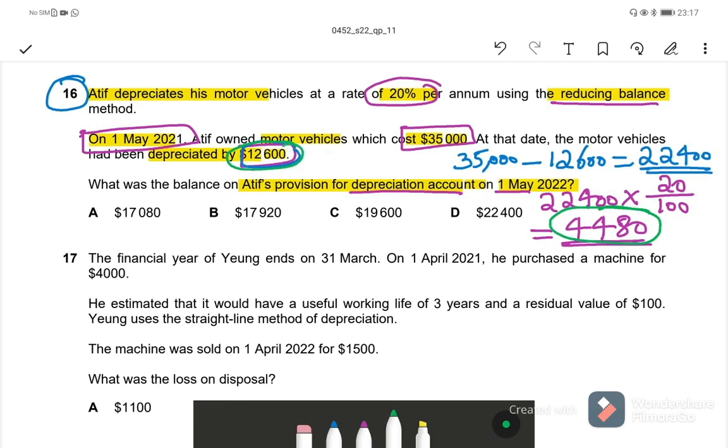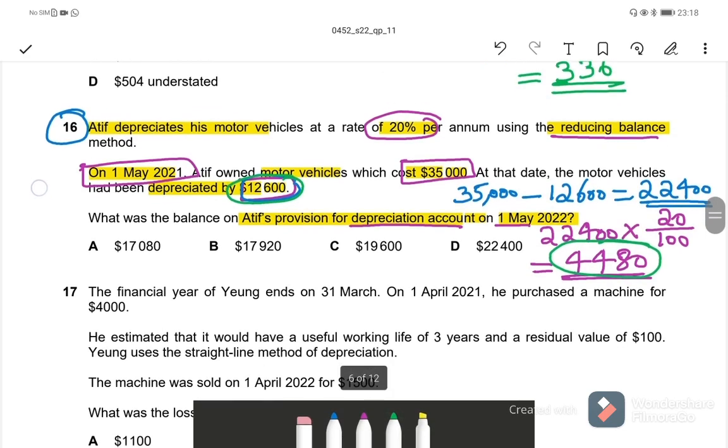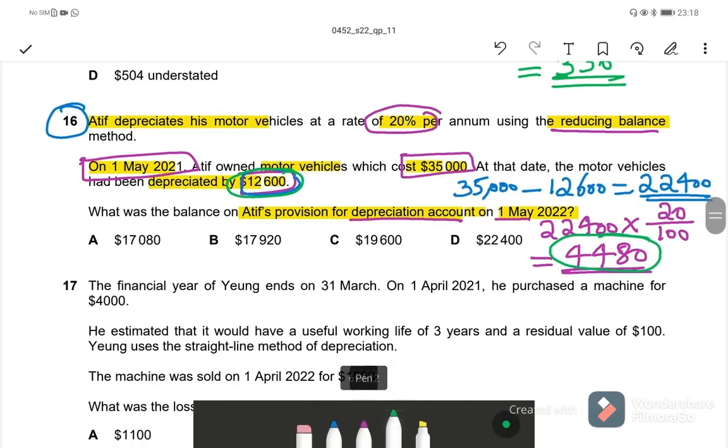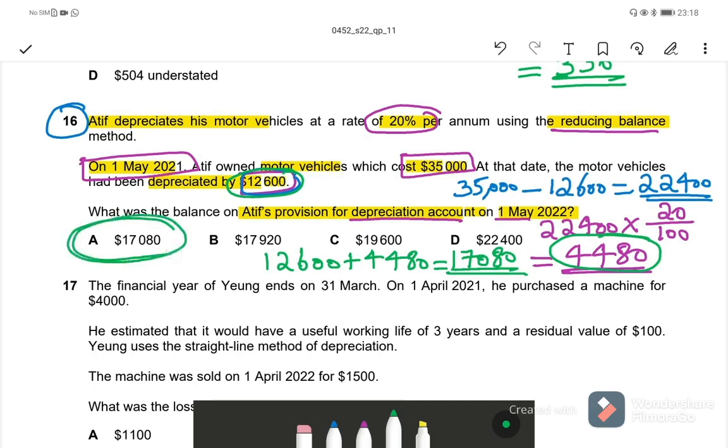So what is the total depreciation? 12,600 plus 4,480 is equal to 17,080. That is the depreciation. So the correct answer is option A.